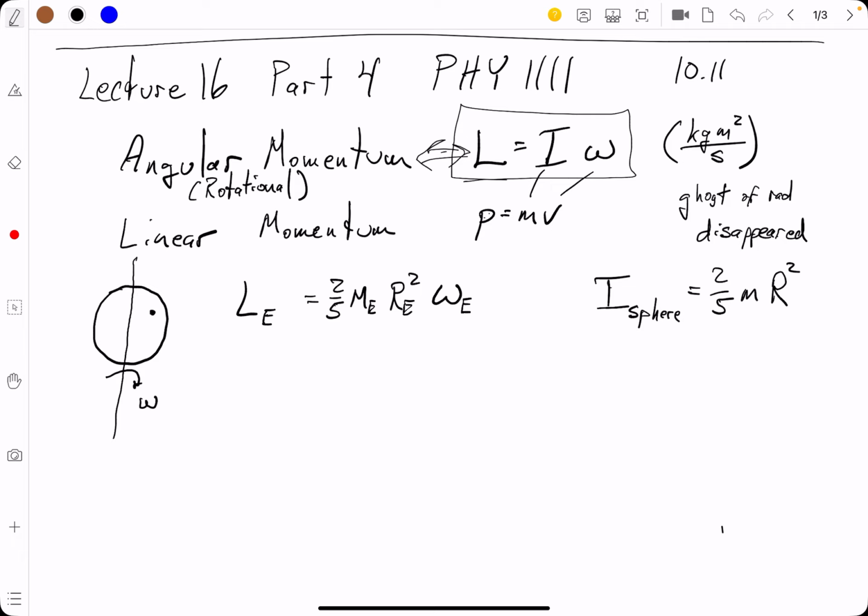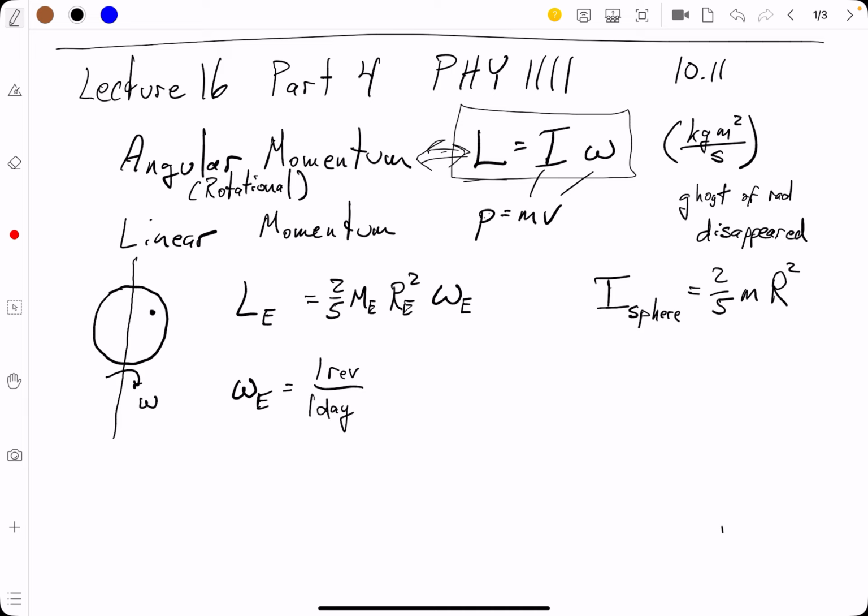I don't know if you guys remembered, but there was on the test, we figured out what omega for the Earth is. We know that in one day, we do one revolution. 1 revolution is 2 pi radians. So 1 revolution per 1 day.